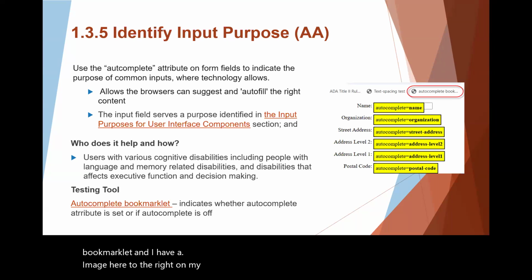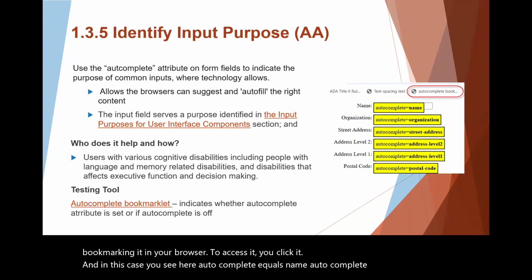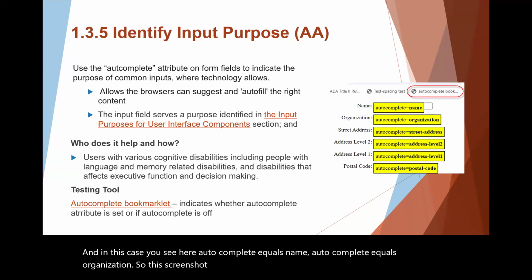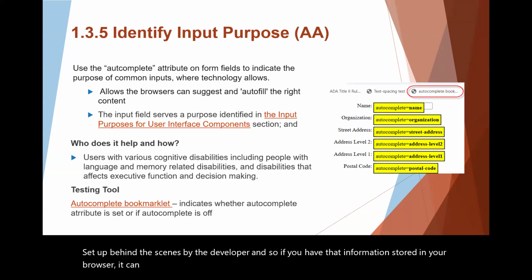Bookmarklets you just bookmark in your browser, and to access it, you click it. In this case, you see here, autocomplete equals name, autocomplete equals organization. This screenshot shows an example of where those properties were set up behind the scenes by the developer. If you have that information stored in your browser, it can just pull from a dropdown and you can automatically put those in.